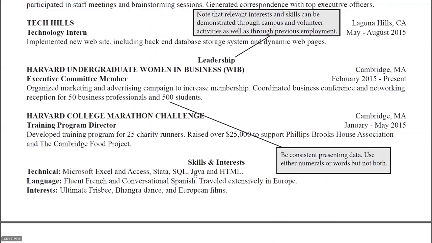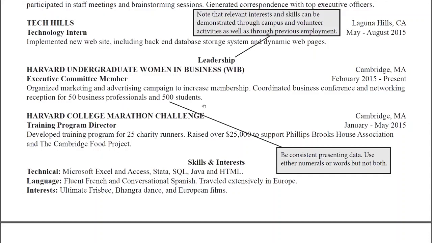In your resume, make sure that you are consistent with presenting data. Use either numerals or words, but not both. So if you are using 500 students, you are using numerals, so use numerals throughout the CV. If you are using words, then write 500 in word form.